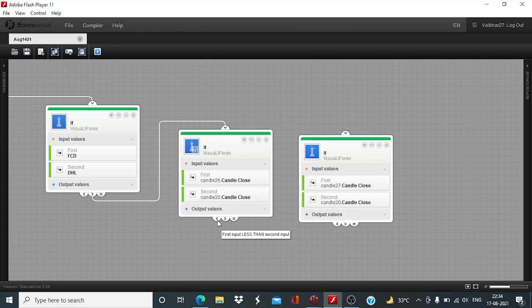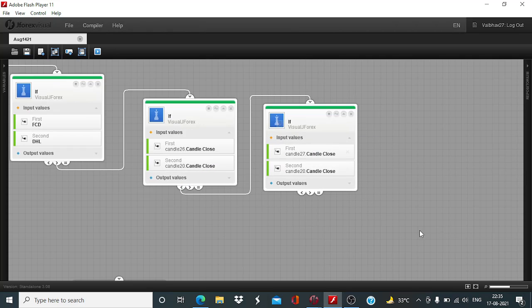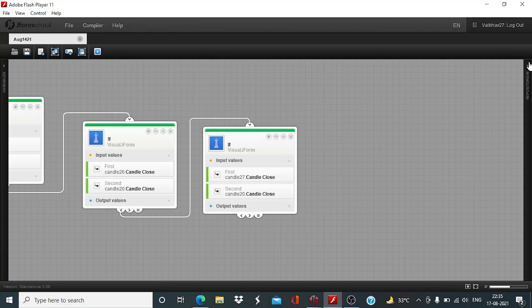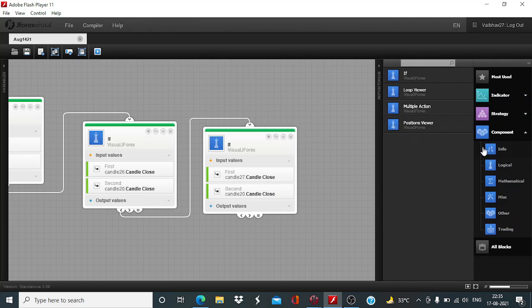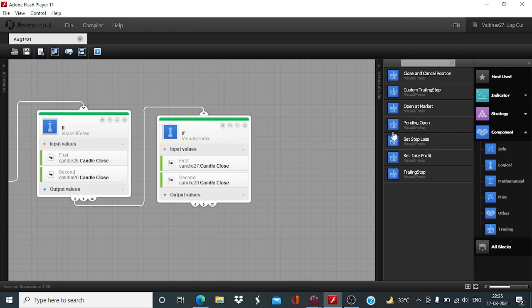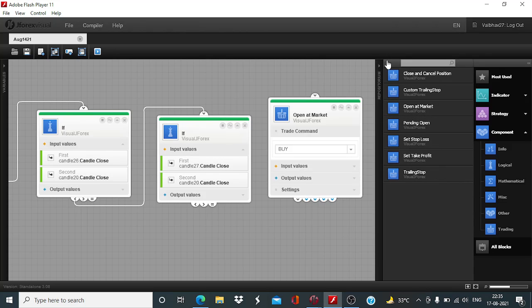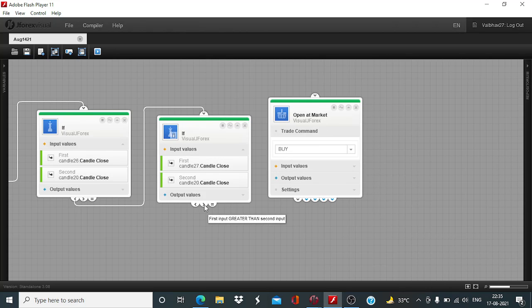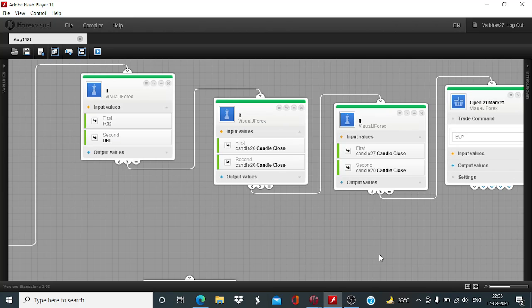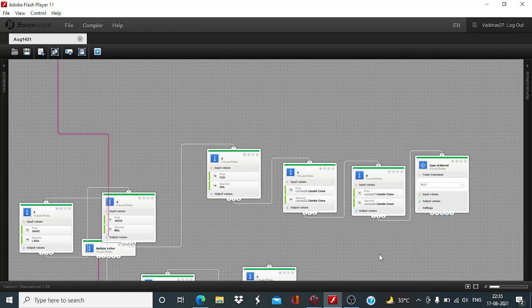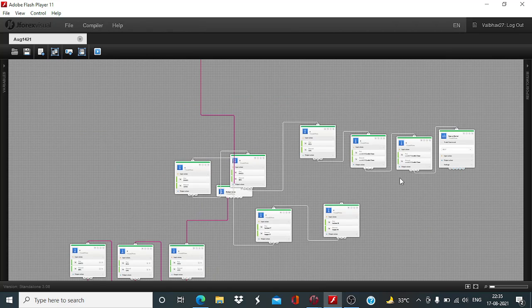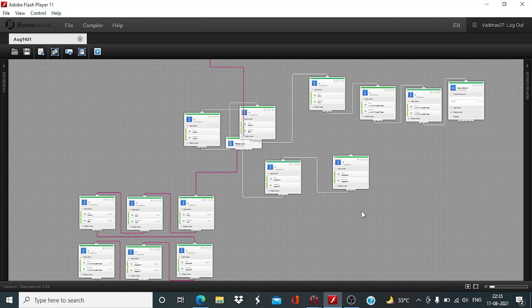Candle 26 should have closed lower, so first input less than second input, whereas candle 27 should have closed higher. So we add now the trade command block. Market open at market, with the last condition being first input greater than second input. Let me now join this block before we define the input parameters.